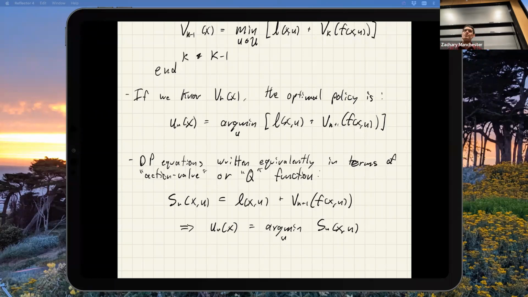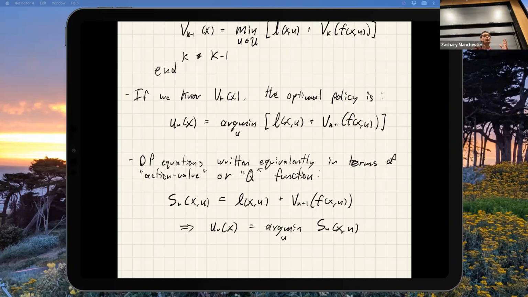The reason we do this is so I don't need the F. If I have the V and I want to solve this problem online, I need to have the dynamics model F to plug in, right? If I instead compute this action value thing, it's basically got the F buried inside it, implicitly. So when I go online, I just need the S. I don't need access to the F, the dynamics model, at all.